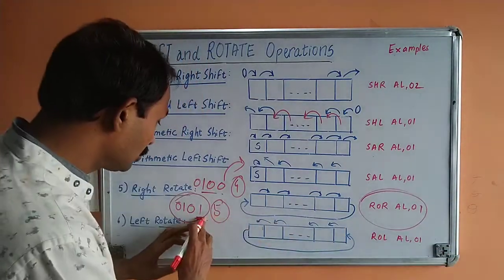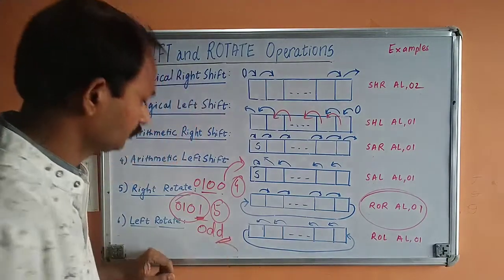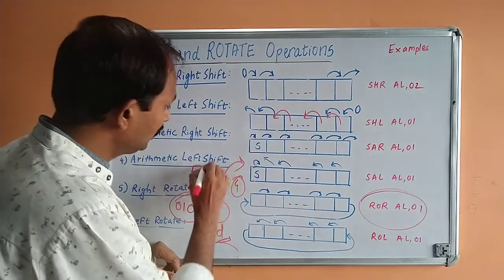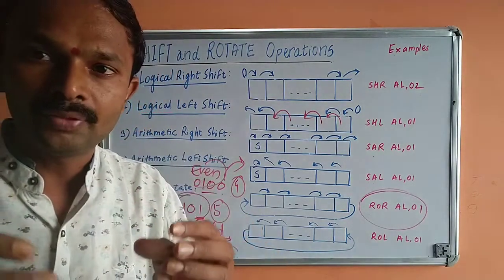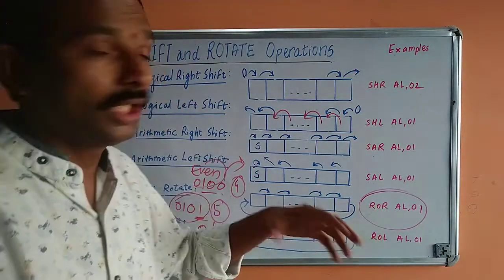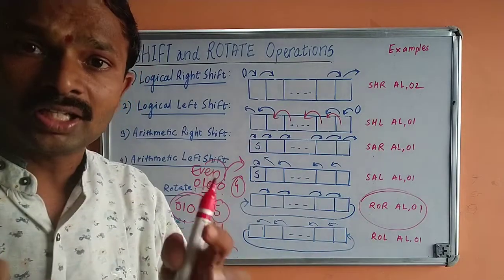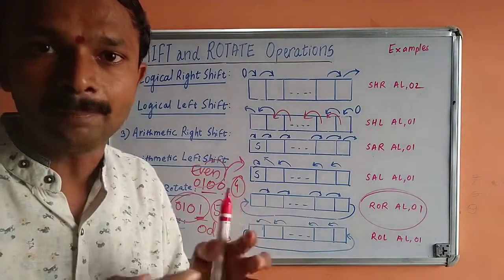If the carry is generated, I will say that this number is an odd number, and if the carry is not generated, I will say that this number is an even number. So this is one of the favorite examples which I have told you, showing for what purpose these shifting and rotating instructions are used. We will understand this with the help of a simpler example.